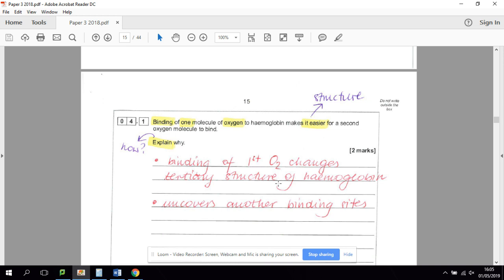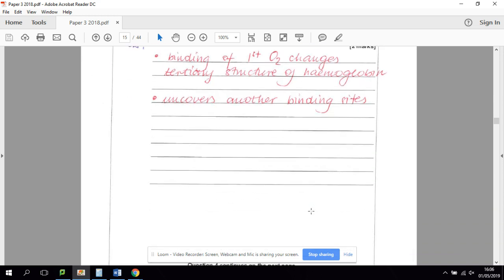Here you need to think about cooperative binding. Why is it easier for the second to bind? Because it uncovers another binding site. How many binding sites do we have? 4. So the first binds, uncovers the binding site for the second and for the third, and then the fourth is still hard to bind, but it does take place.